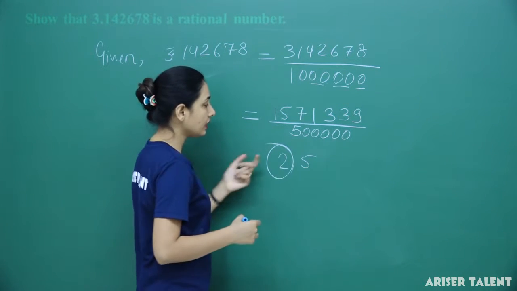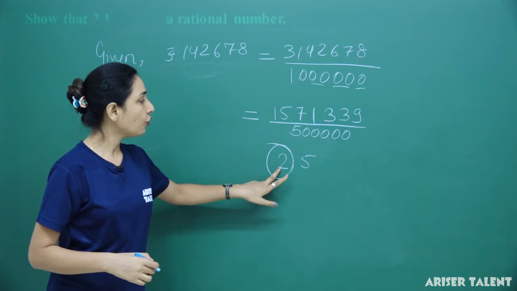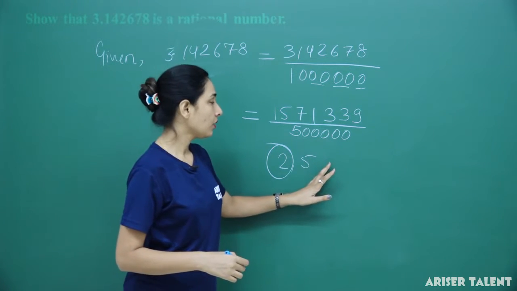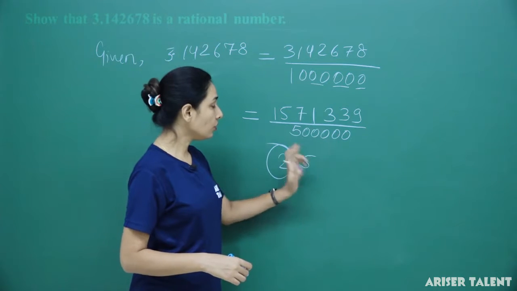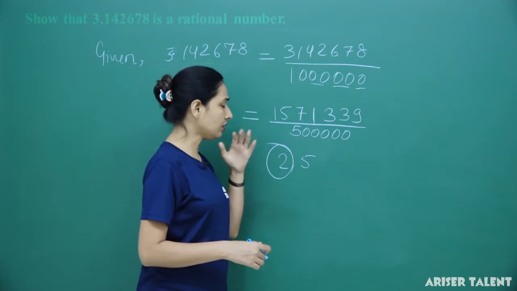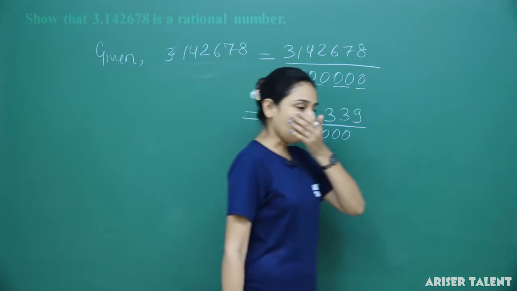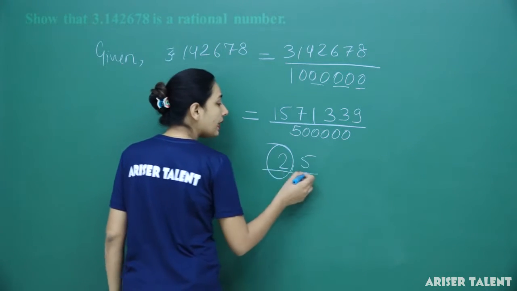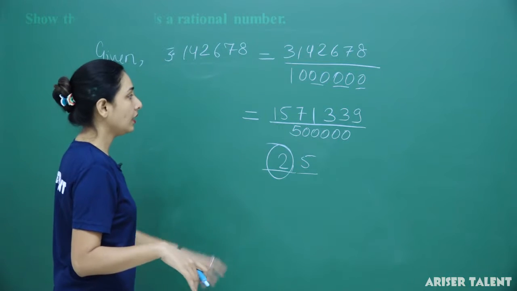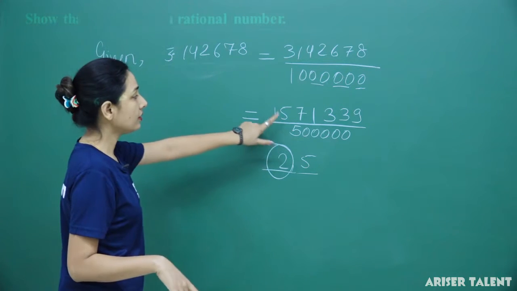If it is divisible by 2, then 4 will be included; then 6, no; 7, no. So we only have 2 and 5 as the prime factors that will divide the denominator.